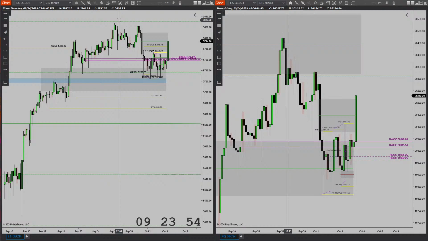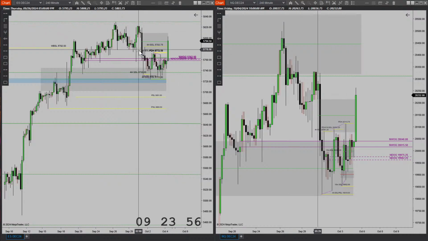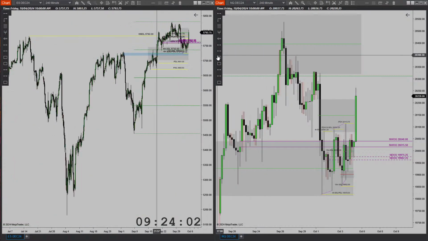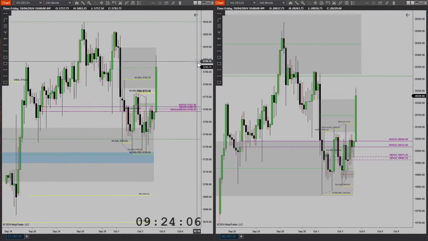Well, I do know them, but I don't use patterns to trade. I just use setups. So we might be building some sort of bullish, oh, what's the word? Bullish flag.